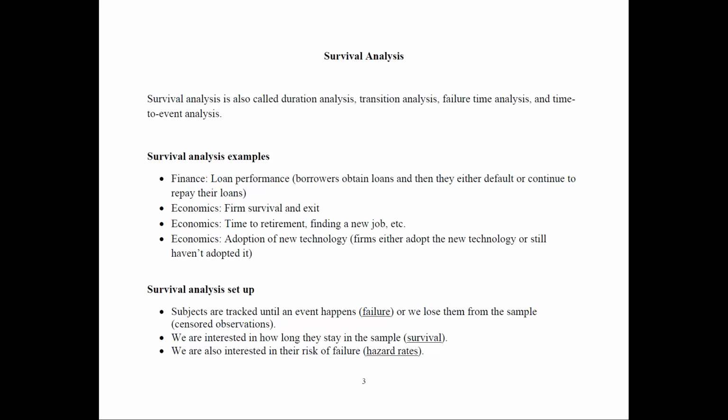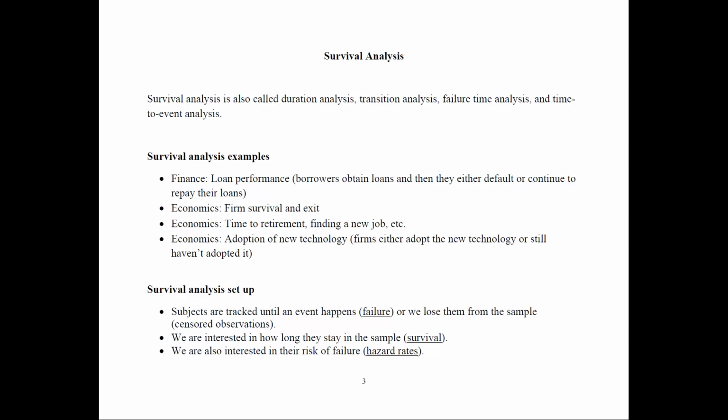Another example would be time to retirement or time to finding a job. If you're unemployed, how long does it take you to find a job, and what's the chance that you're going to be finding a job at any time of you being unemployed?